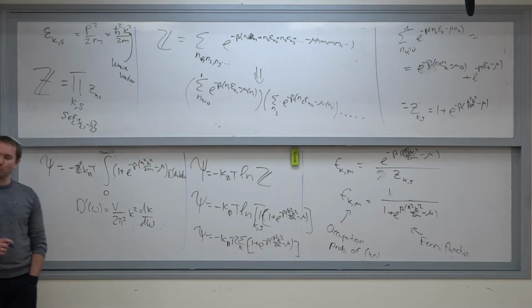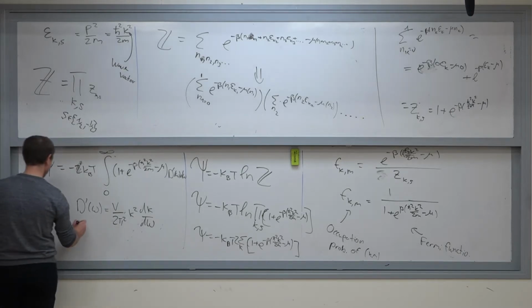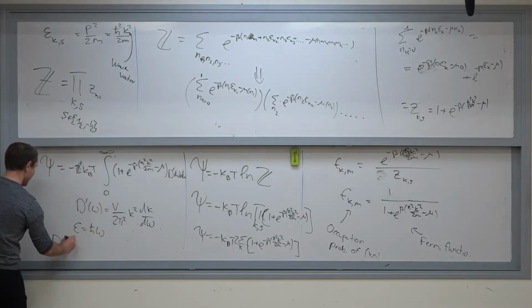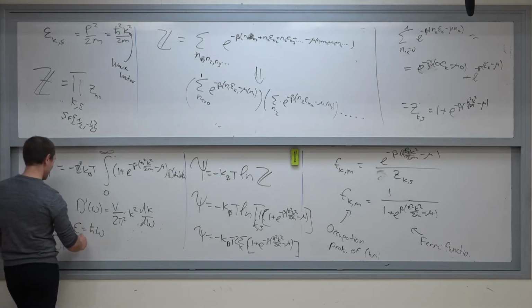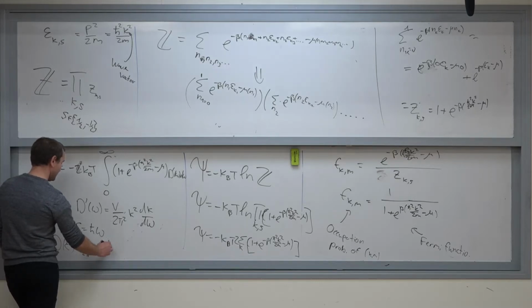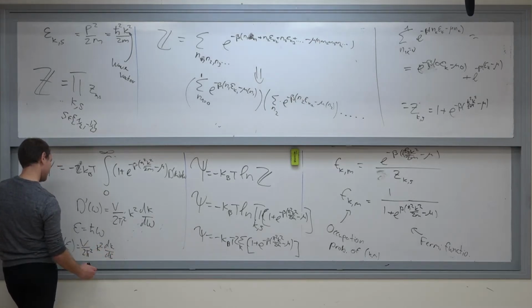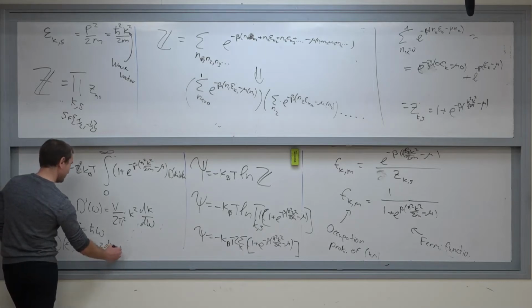Now we are much more interested in the representation of epsilon equals h bar omega. So we have d of epsilon equals V divided by 2 pi squared, k squared dk d epsilon, multiplied by h bar.